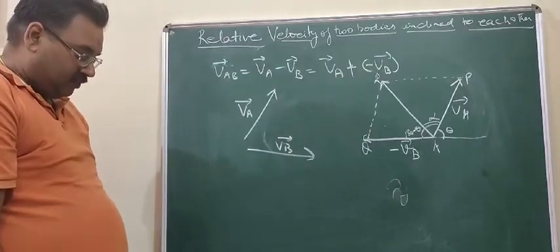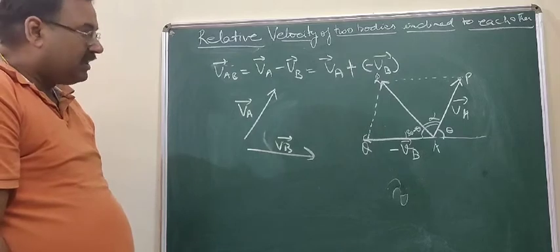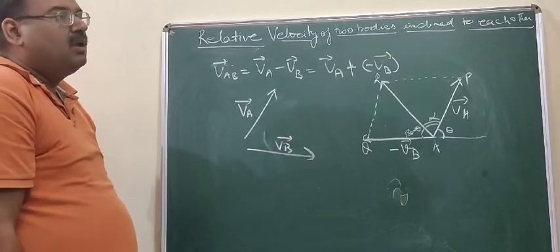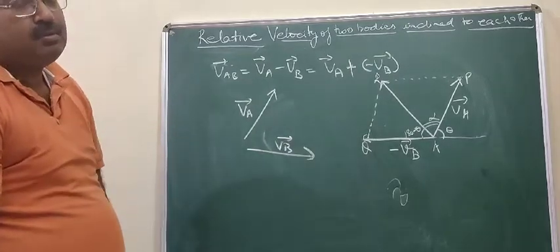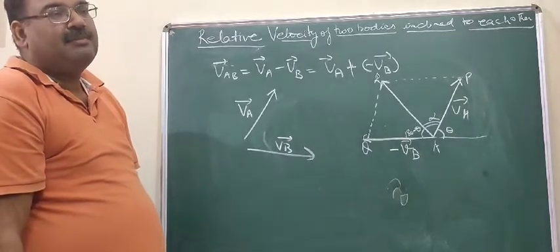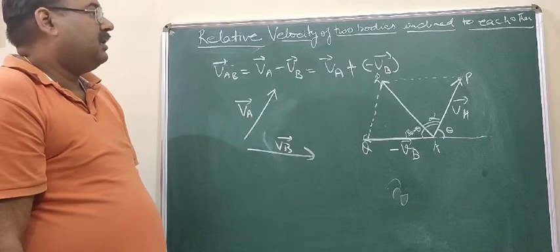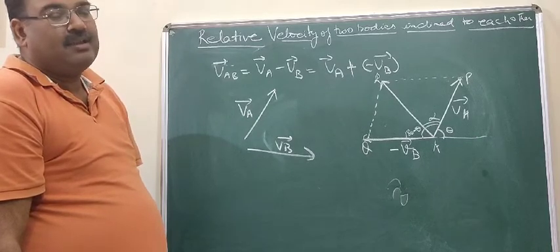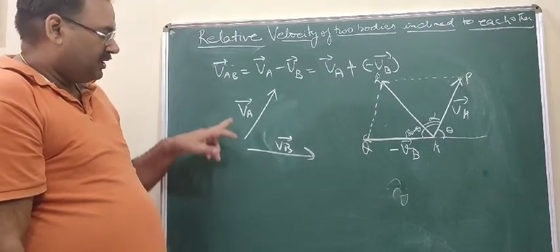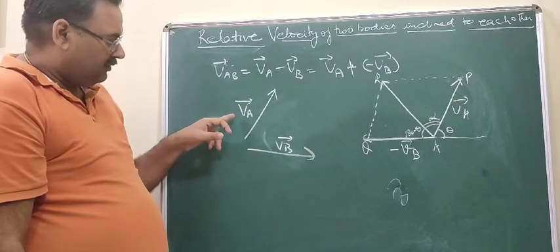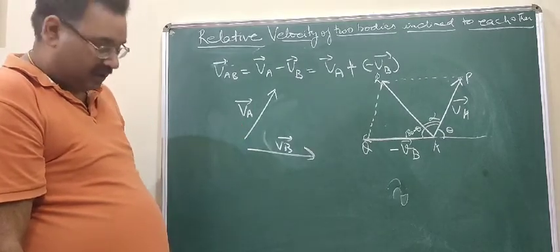Next we have relative velocities of two moving bodies inclined to each other. So earlier we had talked about two bodies that are moving either parallel to each other or anti-parallel to each other. Now we are going to discuss the relative velocity of two bodies that are at an angle to each other. You can see here we have two bodies VA and VV that are inclined to each other.